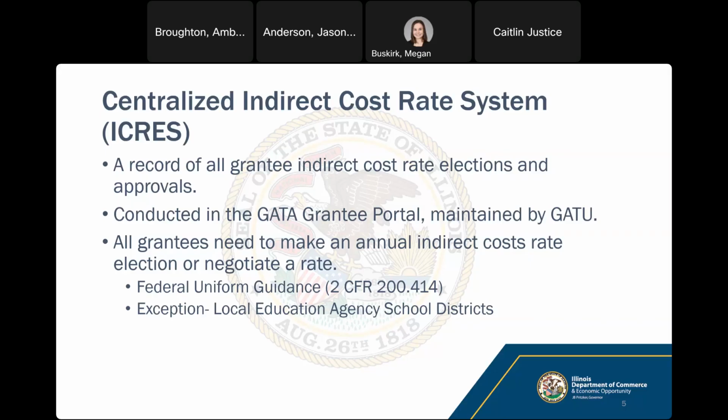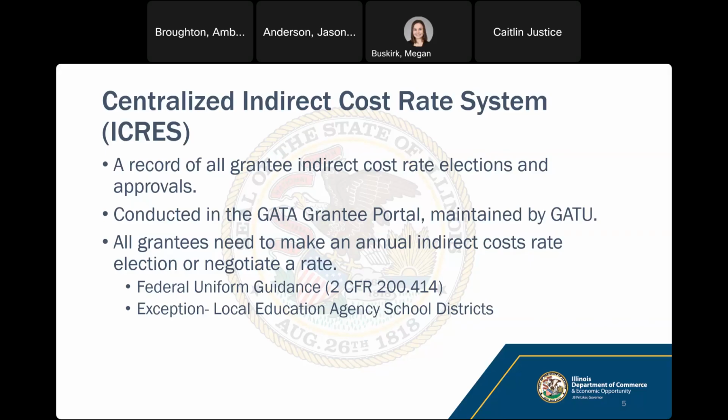GATU is the Grant Accountability and Transparency Unit, the Governor's Office of Management and Budget, also known as GOMB. Indirect cost rates are also referred to as ICRs. The system is required to be used by all grantees to make an indirect cost rate election or negotiate a rate with the State of Illinois pursuant to the federal uniform guidance.